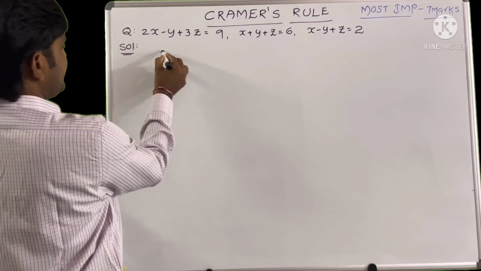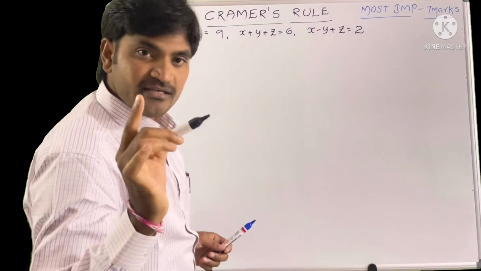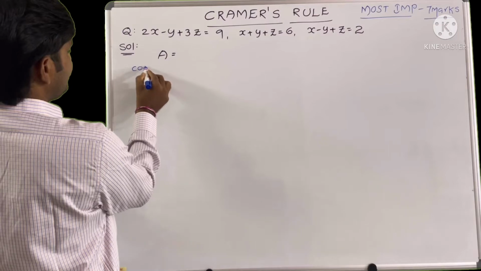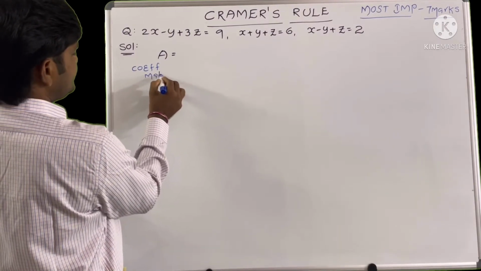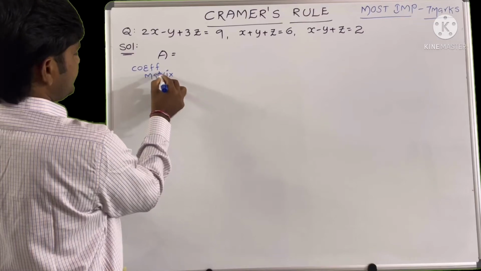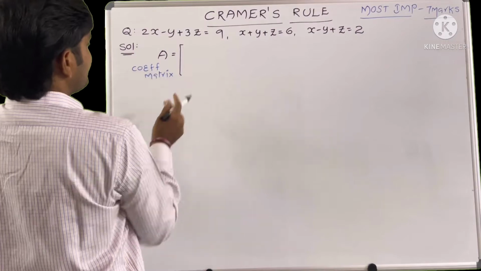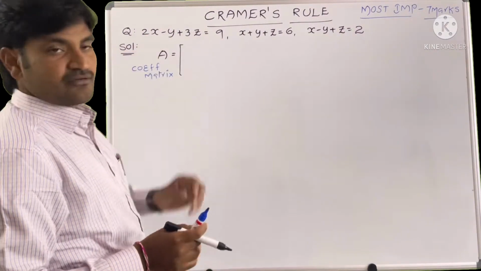we write A value. First we write A value. A means coefficient matrix, that is x coefficient, y coefficient and z coefficient.